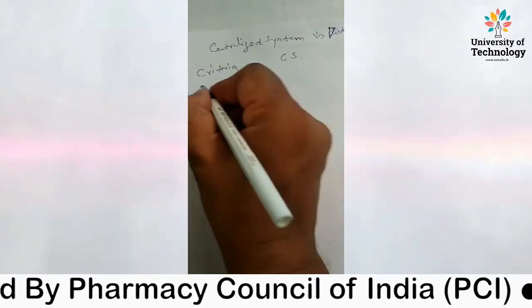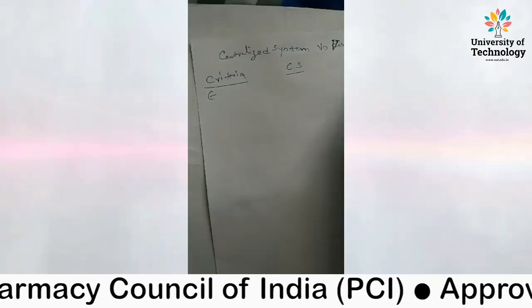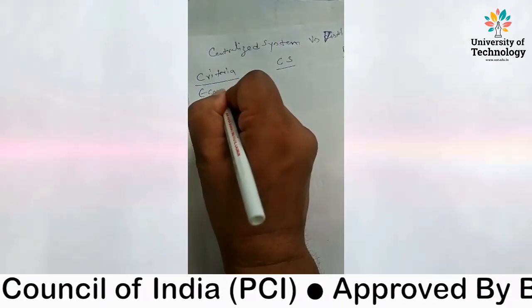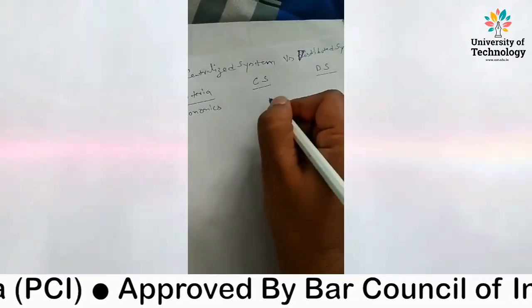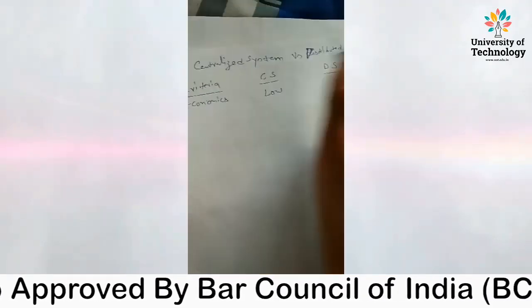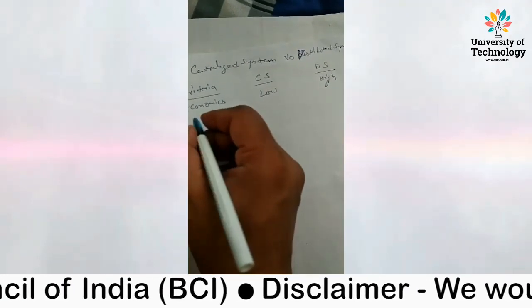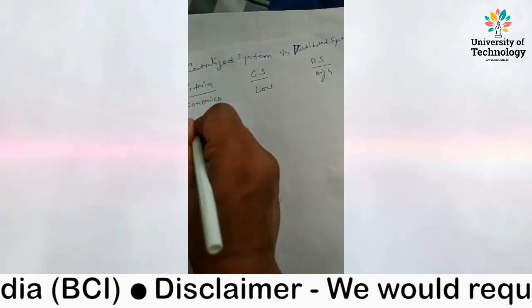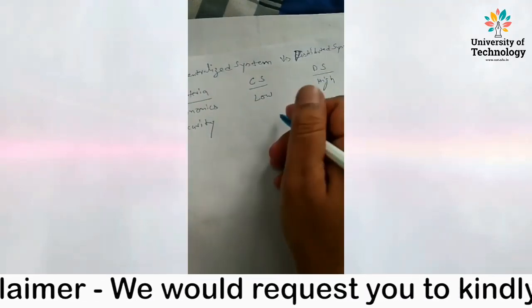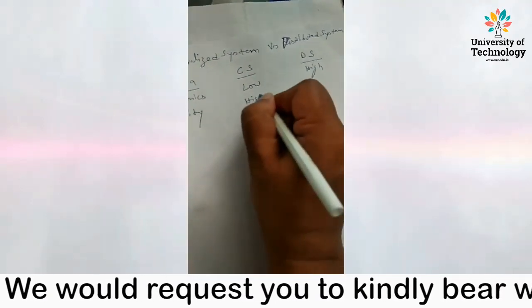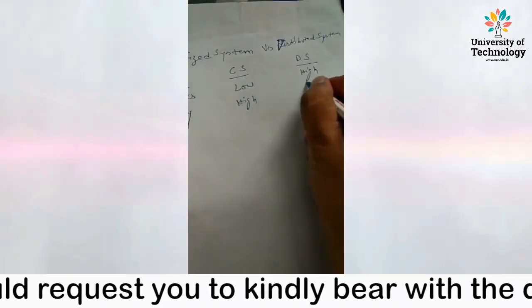If we talk about economics, centralized system low and distributed system high. Next, if we talk about security, centralized system high and distributed system low.